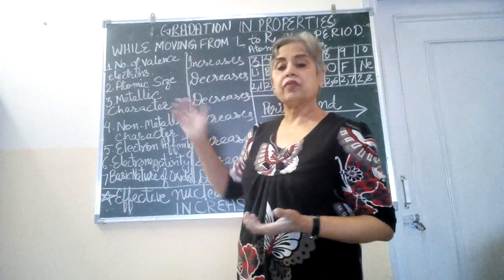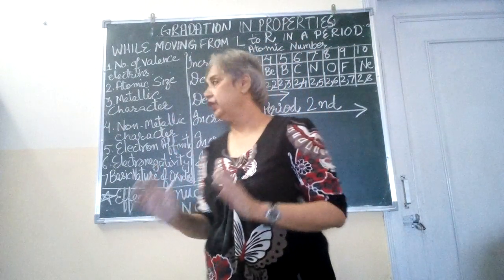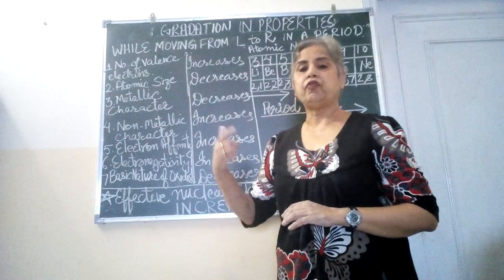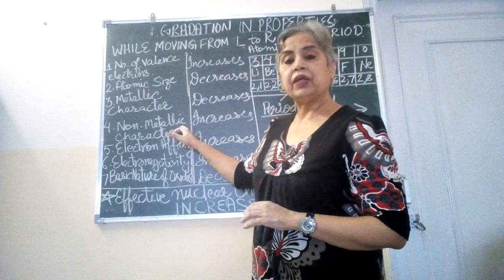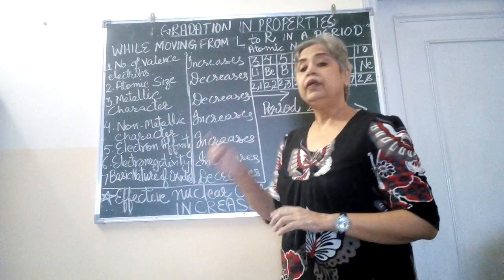And all this is done due to the reason that they want to attain noble gas configuration. So metallic character is the tendency of an atom to lose electrons and form positive ions. Non-metallic character is the tendency of an atom to gain electrons and form negative ions.